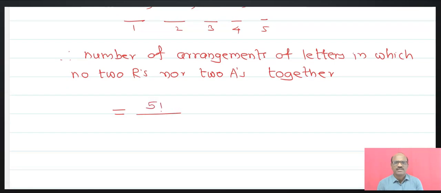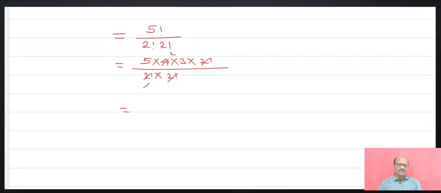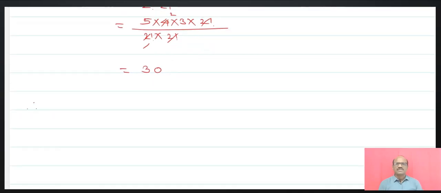That is 5 factorial upon 2 factorial into 2 factorial. We will calculate this. In this case, A and R are together, that is 30. These are the together ones.